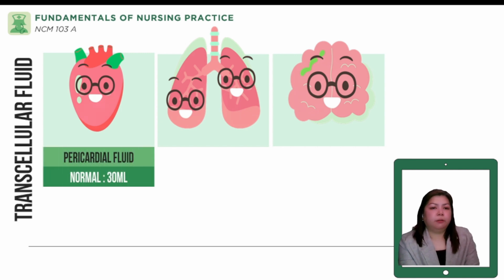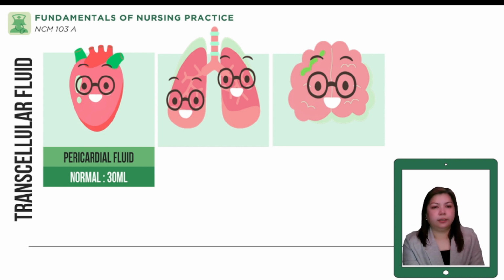You have that which is found in the pericardial cavity, the one that lines the parietal pericardium and the visceral pericardium. The space in between is filled with your pericardial fluid, normally about 30 ml in amount.